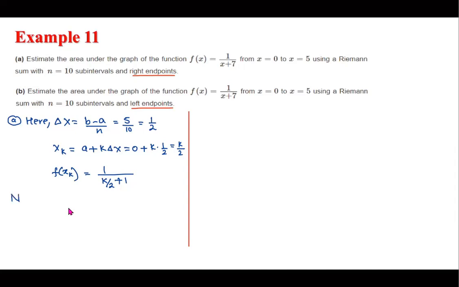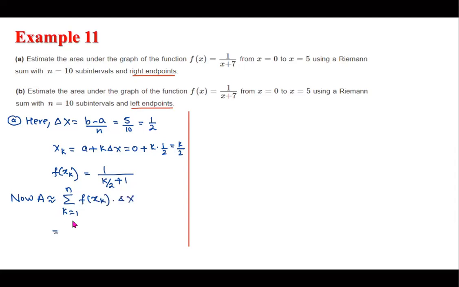Now, the Riemann sum says the approximate area is equal to the summation from k equal to 1 through n, whatever the number of intervals may be, of f of xk times delta x.